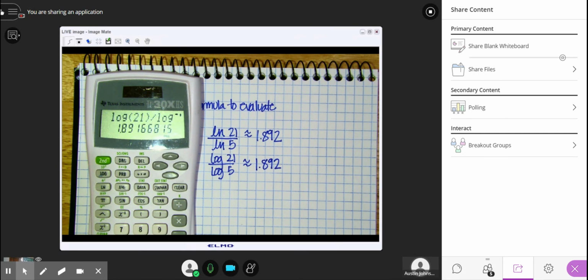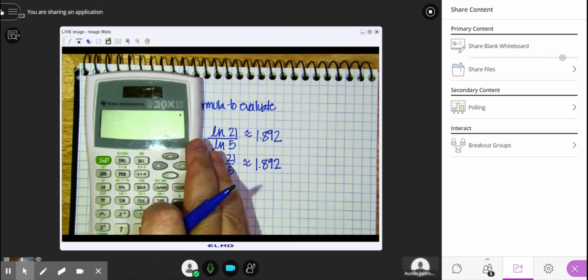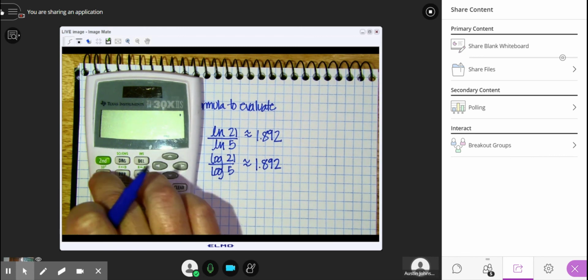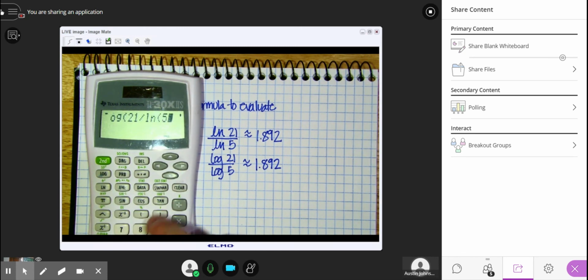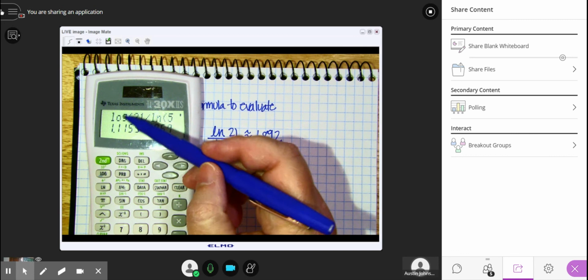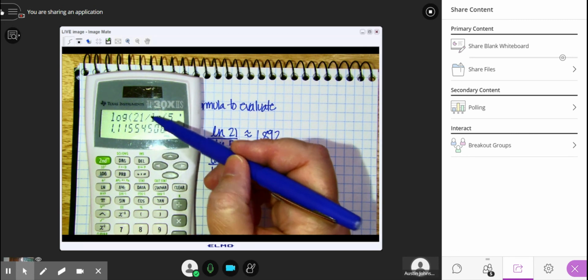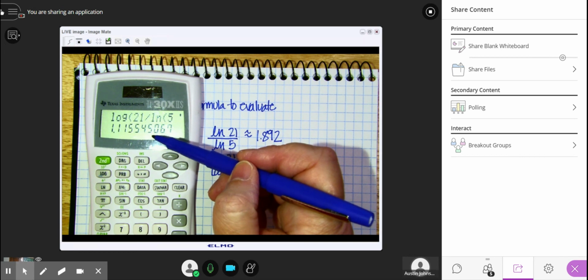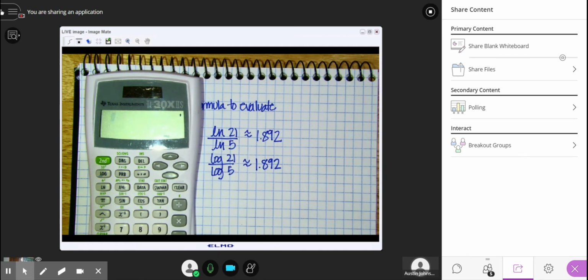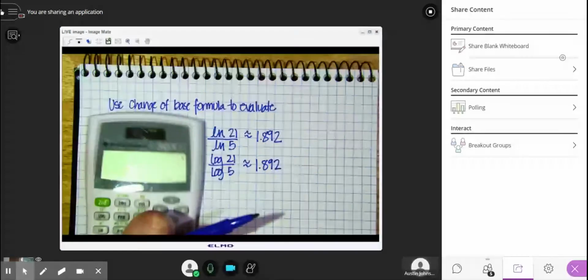I will make mention that for this calculator specifically, watch your parentheses. If I don't put my parentheses to close the log before I hit my division sign, I will get an incorrect answer, at least on this calculator. So be very careful about your numerator denominator steps.